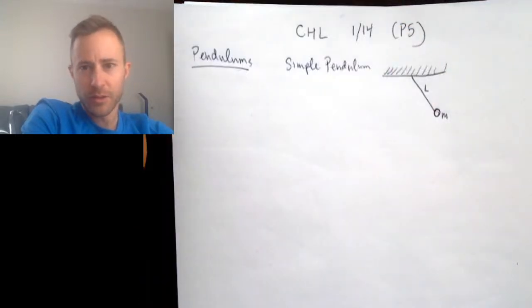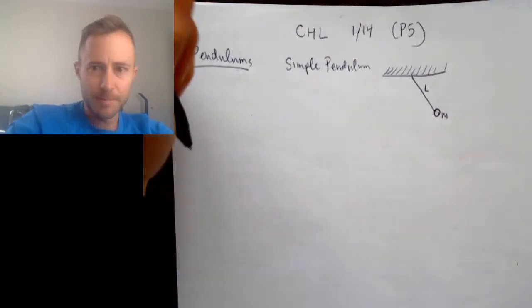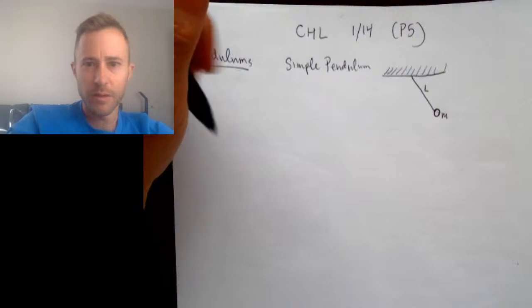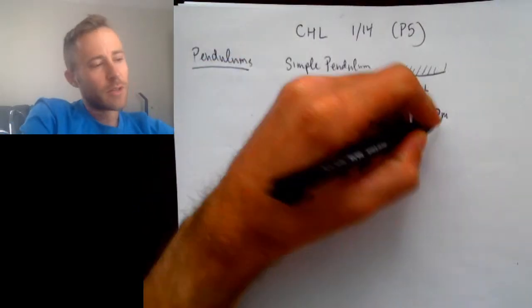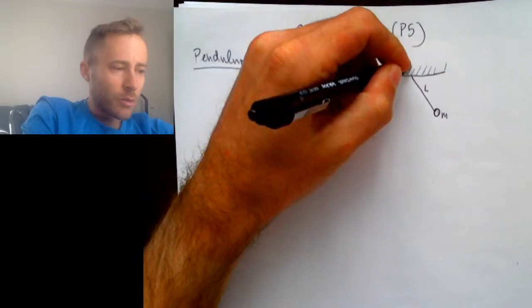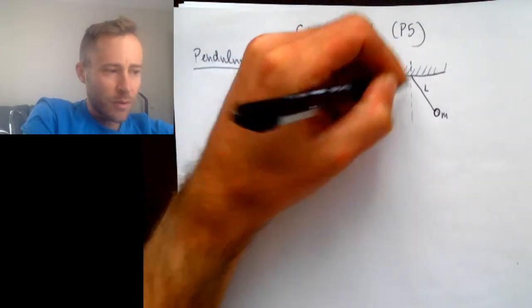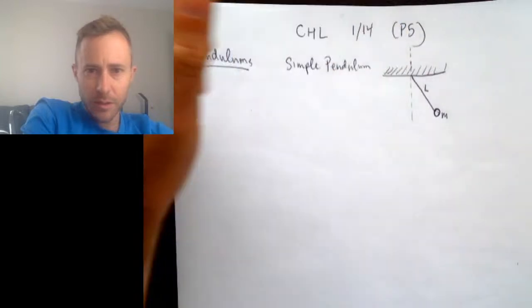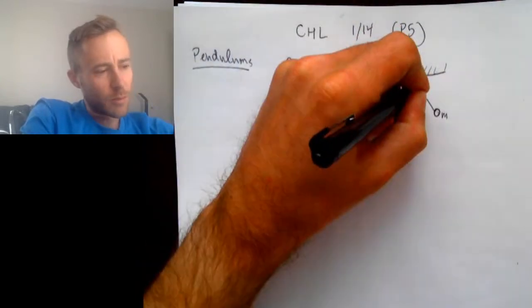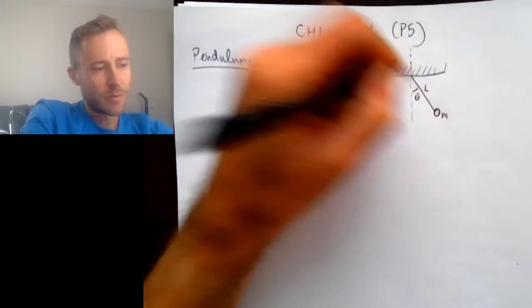So we will say that the mass of the pendulum is m. And so we are going to derive the formula for the period of this pendulum. We'll say that the deviation of the pendulum is theta.